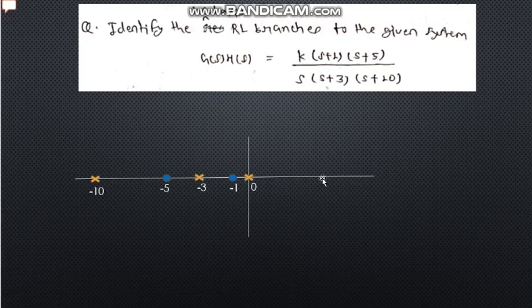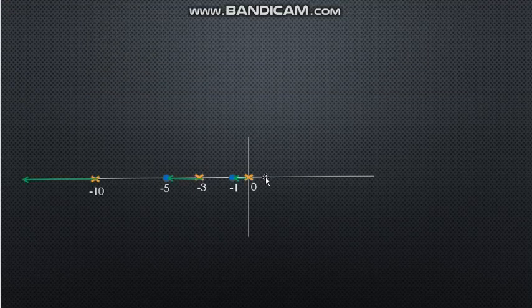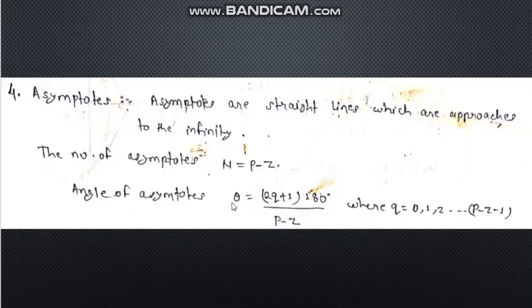So zero is even, so there will be no root locus branch. Now if you see from s equal to -1 toward the right side of the s plane, there is one pole, which is odd, so there will be one root locus branch. Similarly, you can calculate the other points also.